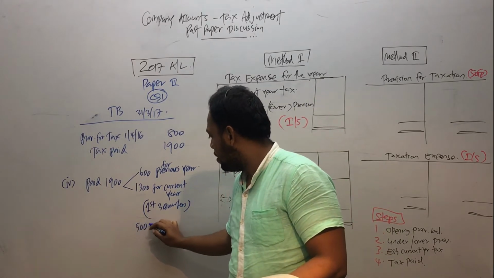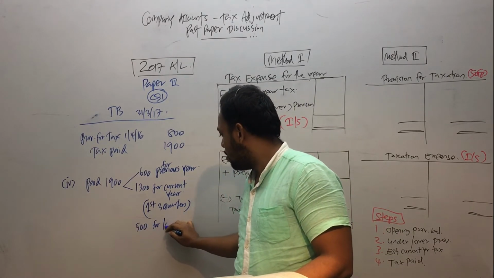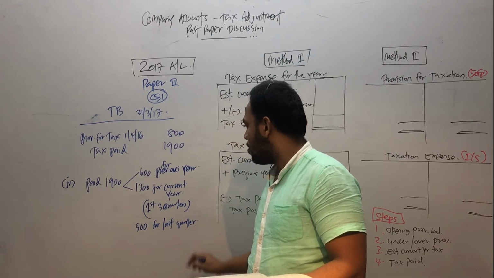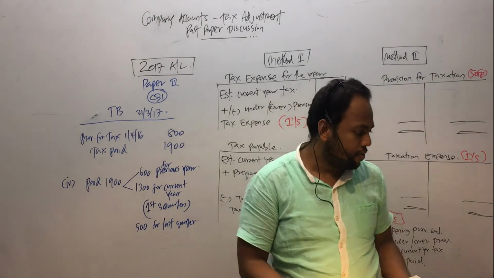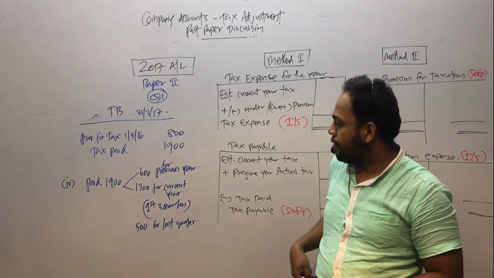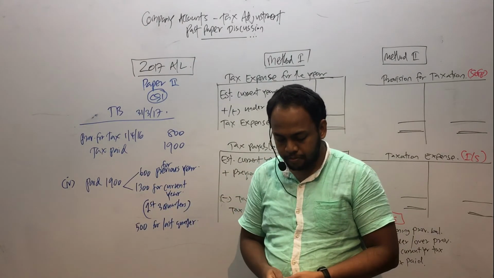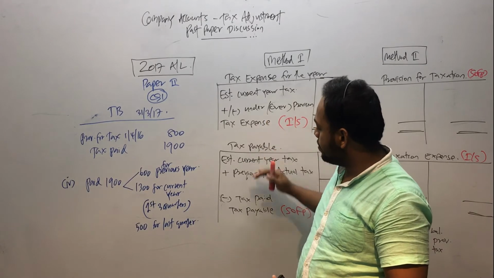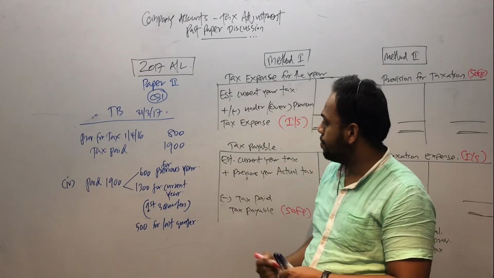So 500 is for the last quarter. Now, using this information, we'll try to find out the tax expense and the tax payable.